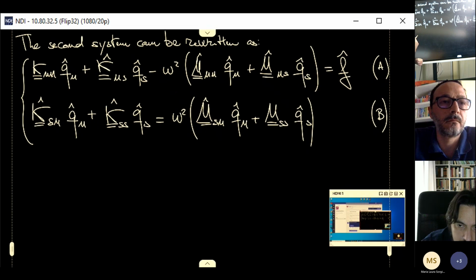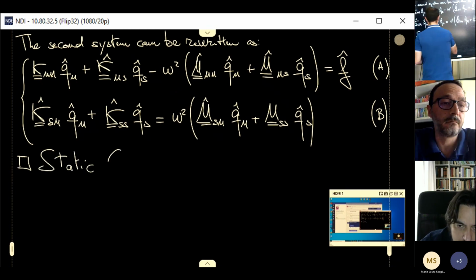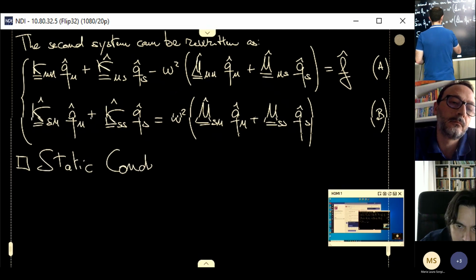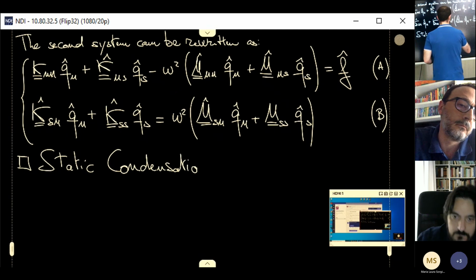The first technique that we are going to see today is the static condensation, also called Guyan-Irons method. Okay. Is this familiar to someone? No? Okay. So, static condensation.